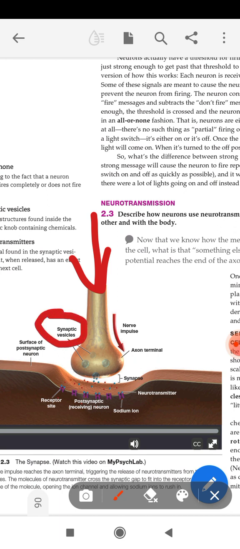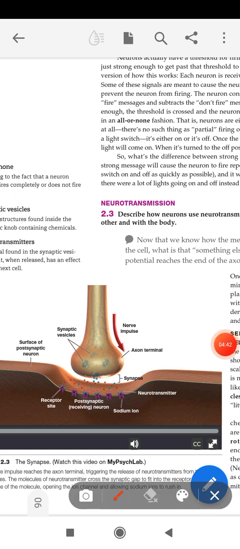They are of different kinds, but for understanding purposes we will use only one kind, unless it is required to elaborate that they may be of different kinds. The neurotransmitters will be released here, and this synapse is filled with a liquid sap.